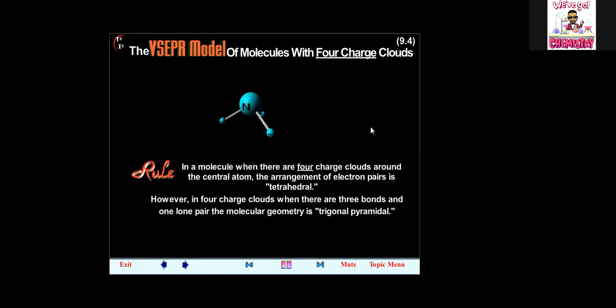However, in 4 charge clouds, when there are 3 bonds and 1 lone pair, the molecular geometry is trigonal pyramidal. In trigonal pyramidal geometry, the bond angle for the central atom is a little less than 109.5 degrees.